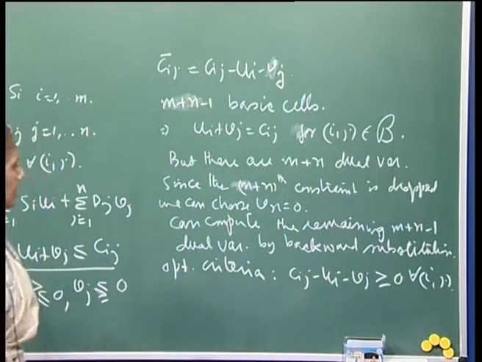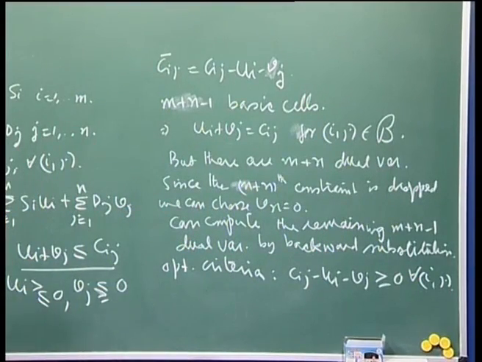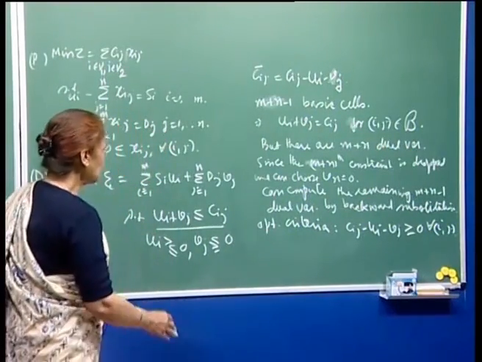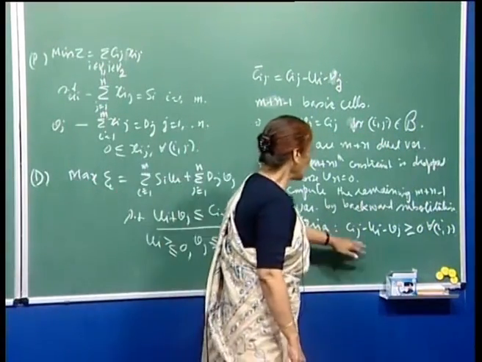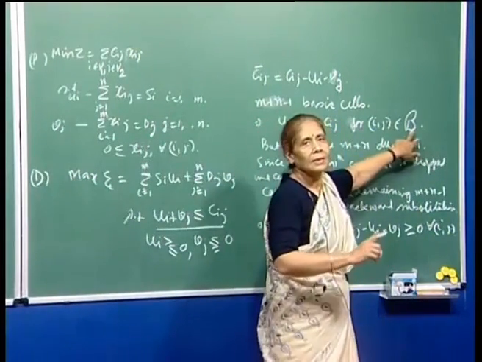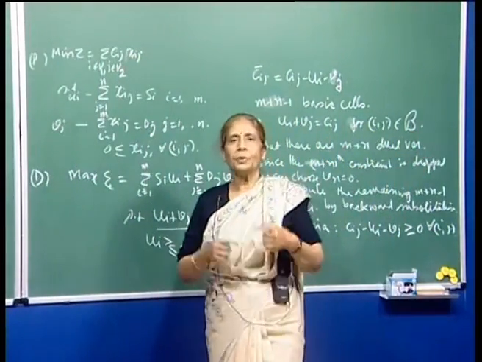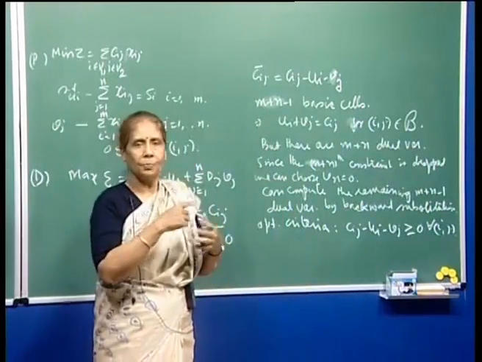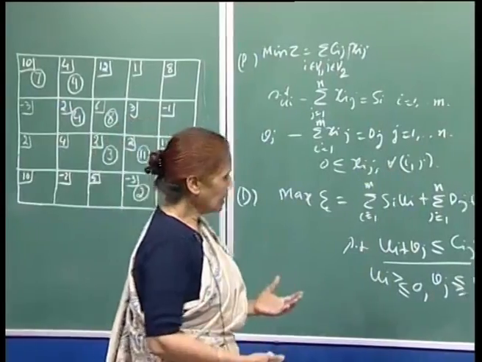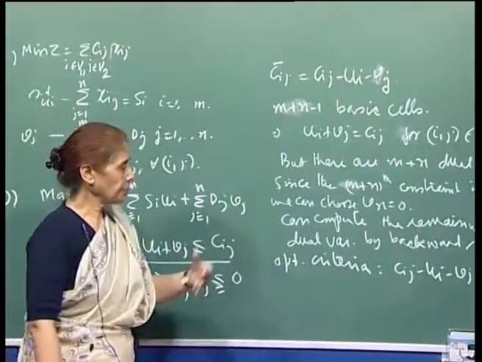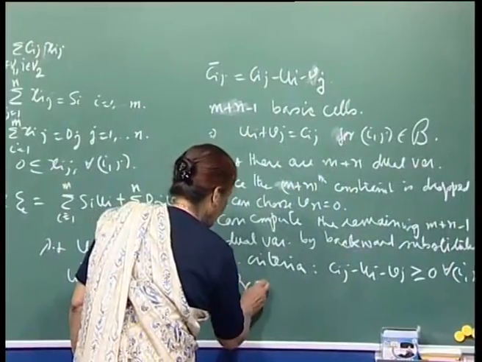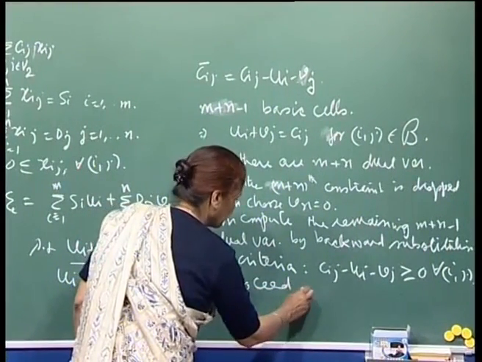If you find a cell for which this is less than 0, you will proceed with the simplex algorithm, and that means that cell will be ready to enter. And we saw that if you add a non-basic cell to the basic set, it has a theta loop. In the theta loop you do plus theta minus theta, you get a new basic feasible solution, again update your dual solution, and so you can proceed with the simplex algorithm.